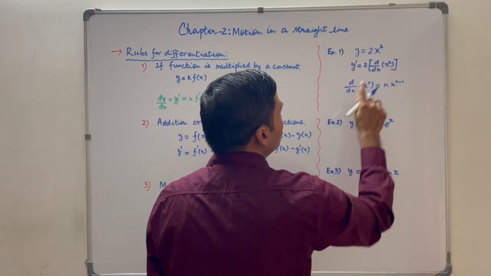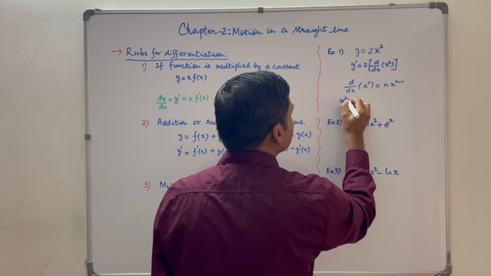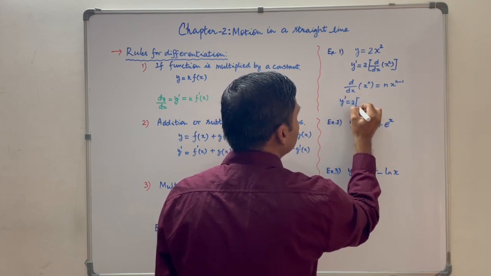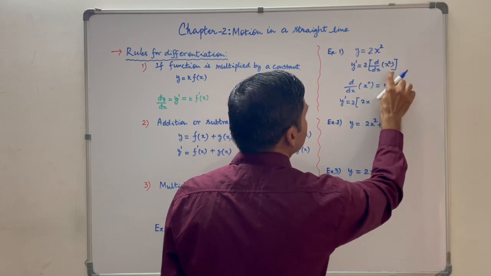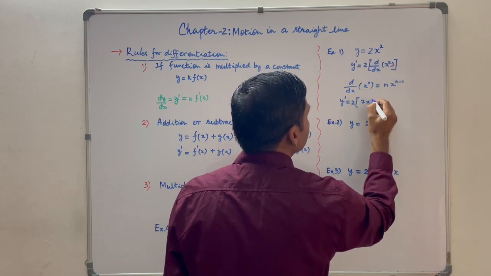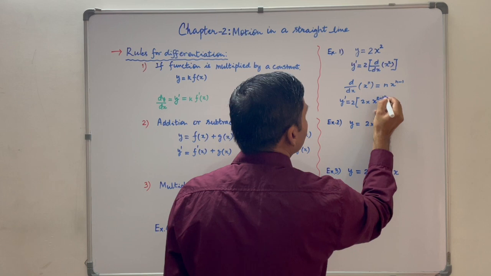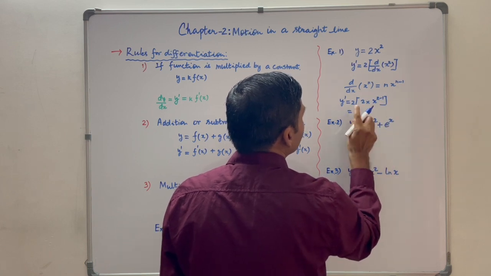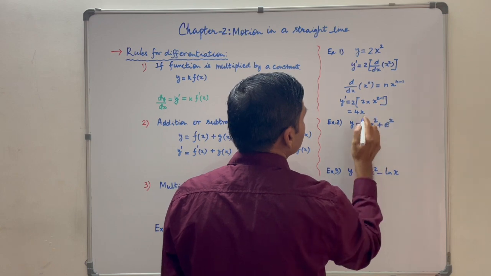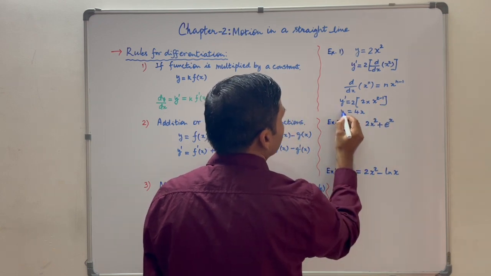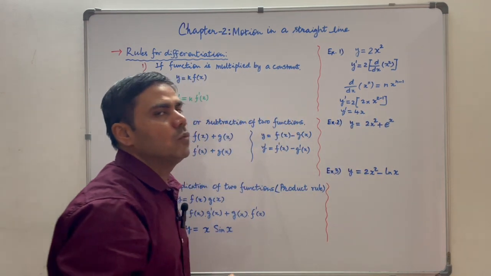Here n is equal to 2. So y dash is equal to 2 into n, means 2, x to power n minus 1, means x to power 2 minus 1, and that is equal to 2 into 2, 4, into x to power 2 minus 1, that is 1. So y dash is equal to 4x.